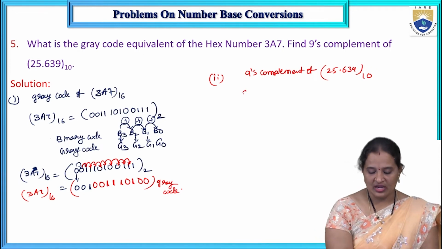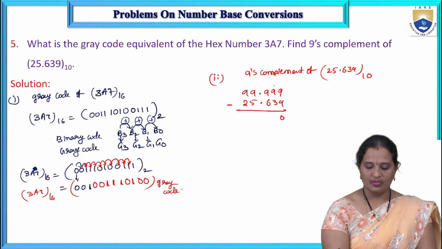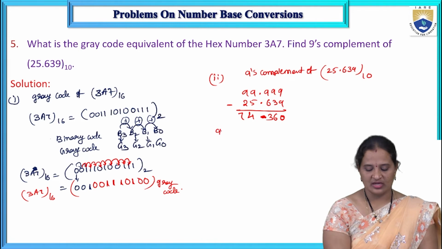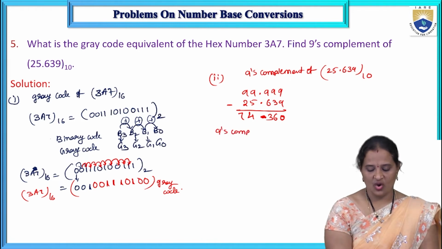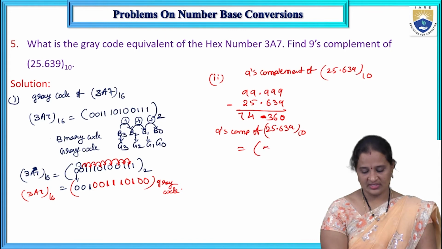So that is 99.999 minus 25.639. Now 9 minus 9 is 0, 9 minus 3 is 6, and 9 minus 6 is 3. 9 minus 5 is 4, 9 minus 2 is 7. So this is the 9's complement of 25.639, which is given by, so how much?